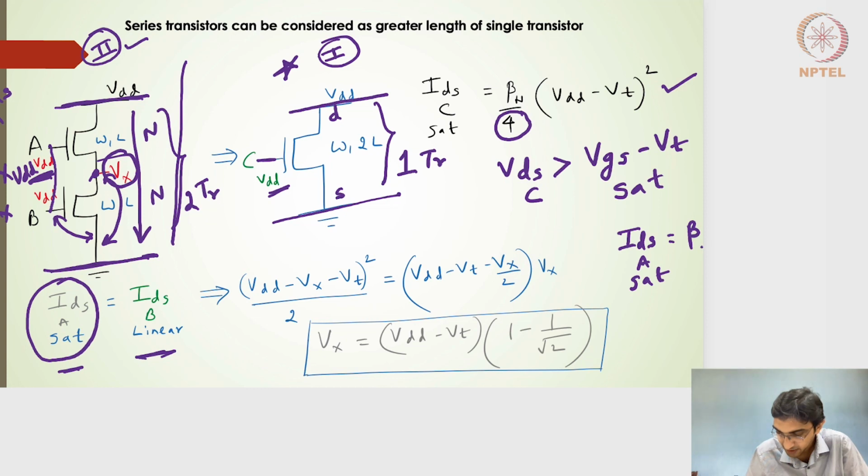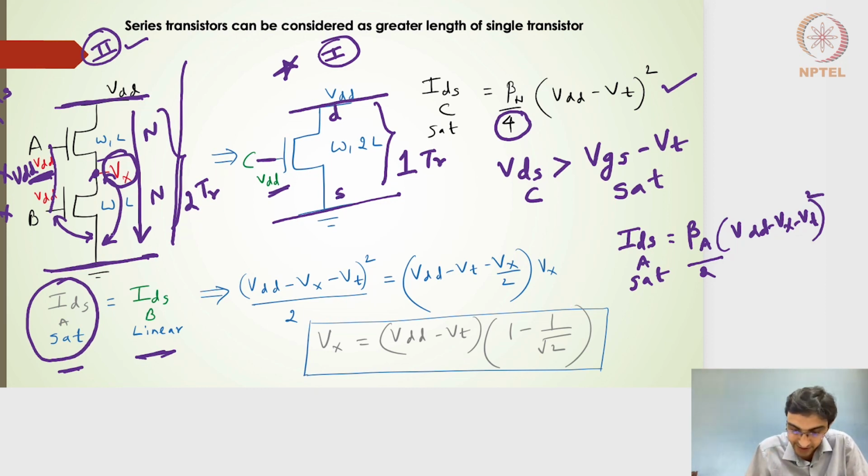So this is beta for the transistor A divided by 2, multiplied by transistor A's VGS, which is nothing but VDD minus Vx minus VT, the whole square. Right. And then IDS of B will be in linear region. So it will be beta into VDD minus VT minus Vx by 2, multiplied by Vx, right? So that will be the linear region transistor B current.